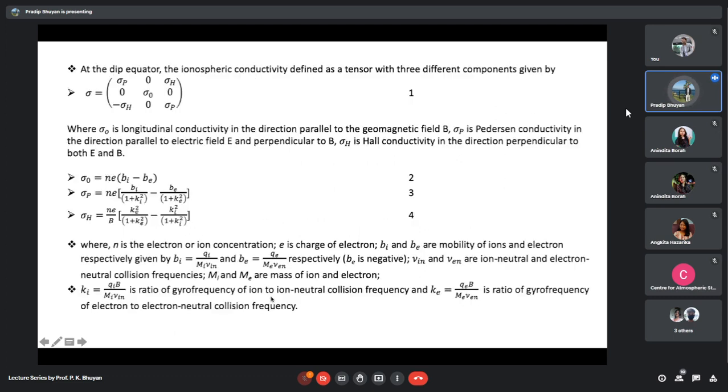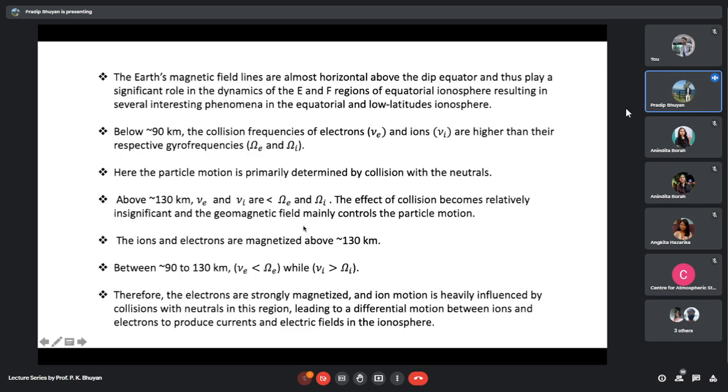That means the electron motion will be controlled by the field lines, or the strength and direction of the magnetic field lines, whereas your ion motion will be controlled by their collisions or collision frequency with the neutrals.